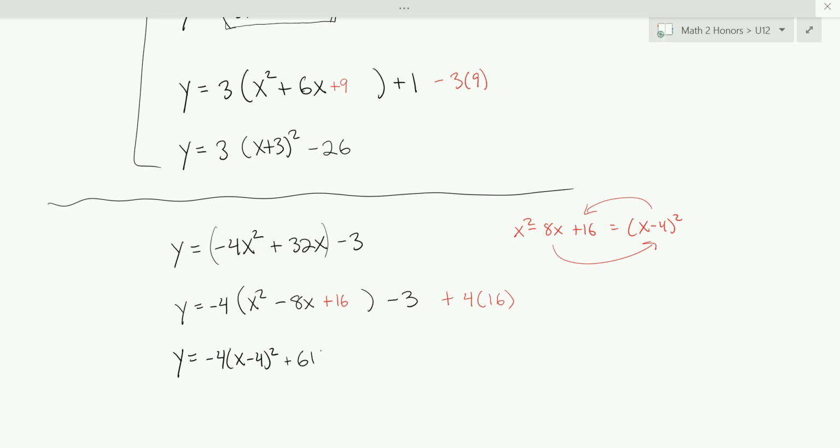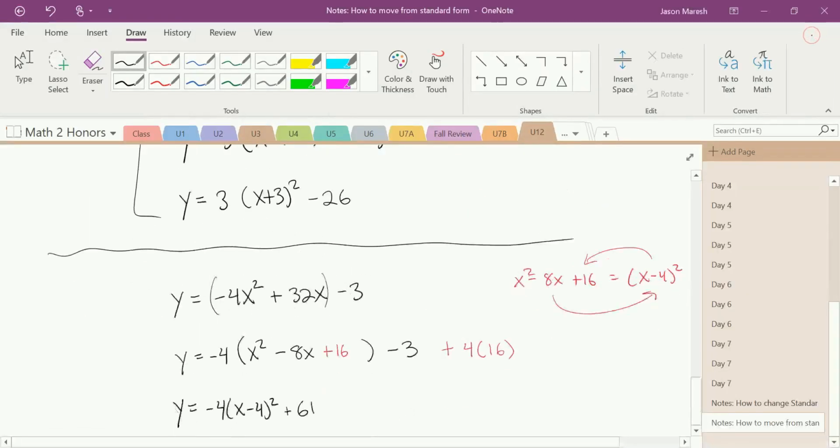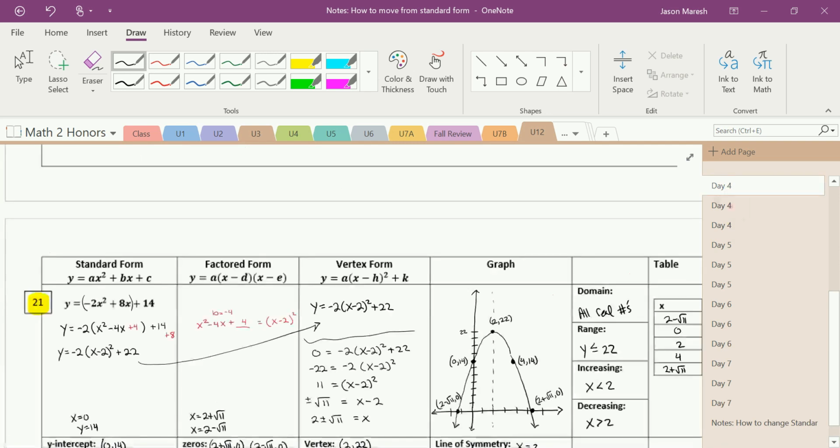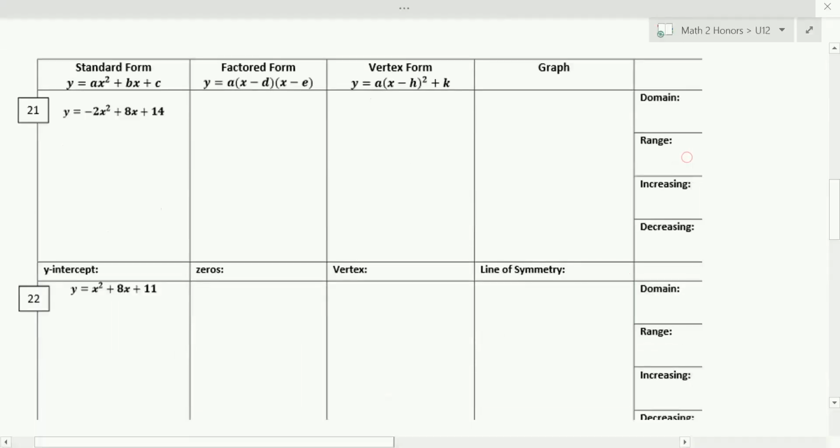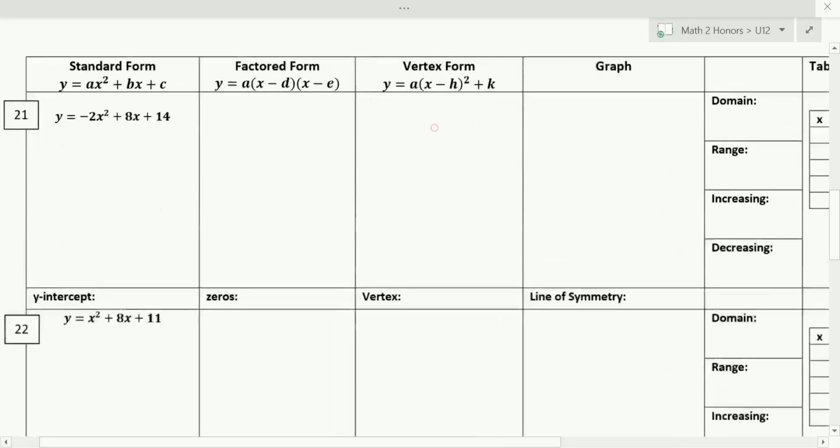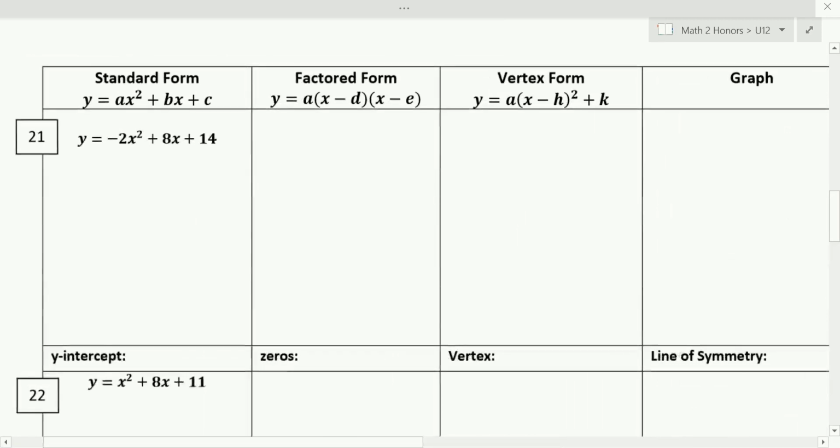Okay. Now that we've practiced that a couple times, let's go tackle this problem. So 21. Y-intercept: 0, 14.